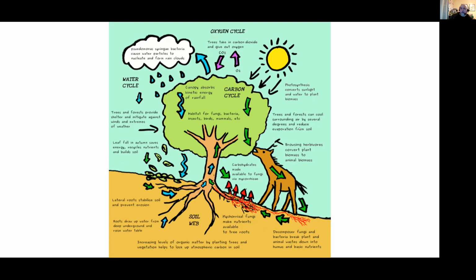We human beings can't directly do that. We can't just take the leaves off the tree and eat them and convert that directly to animal biomass, because we don't have the right digestive system.